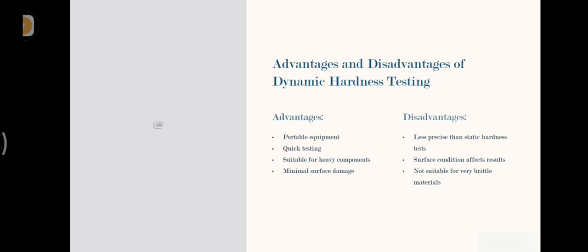It is less precise compared to the static hardness test, which is the main disadvantage of the dynamic hardness test. There are also some conditions to apply this type of test: it is not applicable to brittle materials, it applies only to ductile materials.